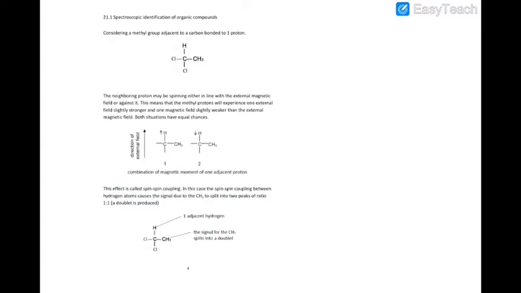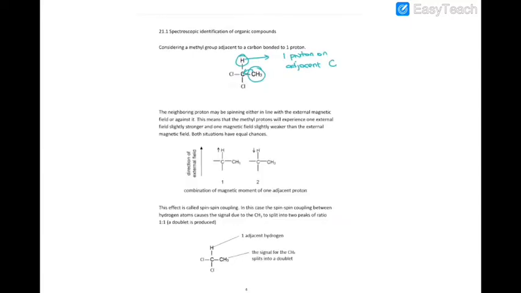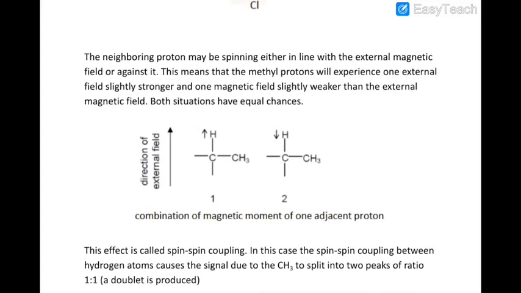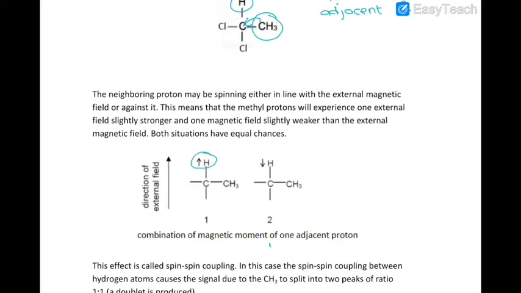Now let's take this methyl group, for example. This methyl group has an adjacent carbon which is bonded to one proton. When you apply an external magnetic field, this adjacent hydrogen can either spin in the direction of the external magnetic field or against the external magnetic field.